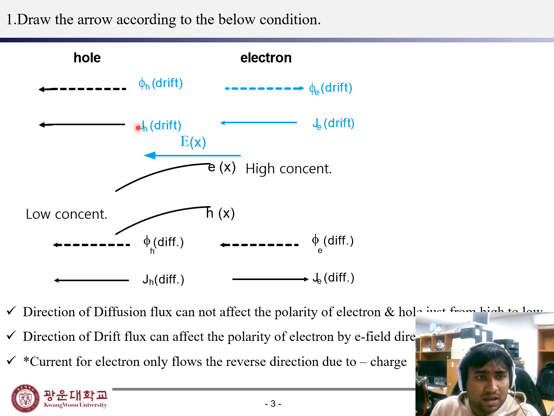That's why the drift current of the hole is in the same direction as the hole flux direction. But the electron moves from here to here, while the drift current direction of the electron is opposite, from here to here.